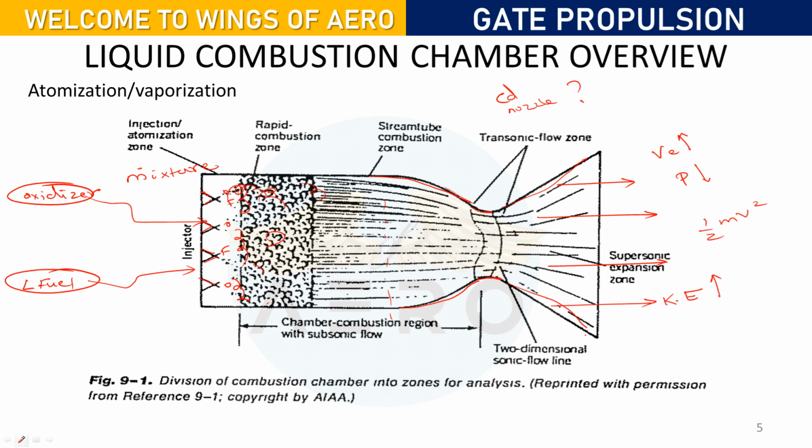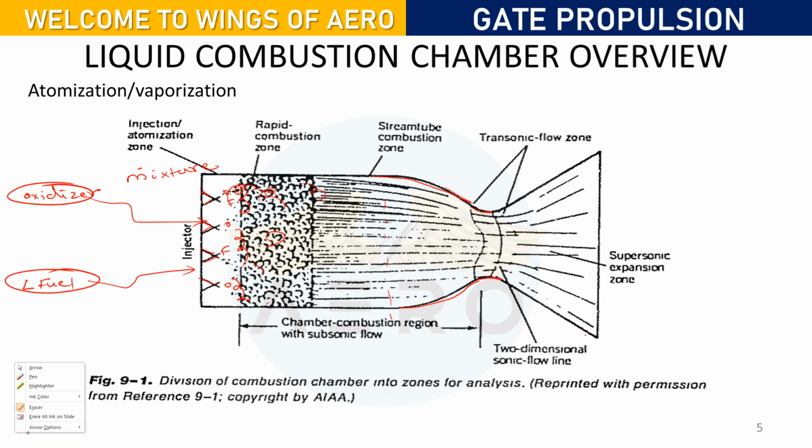Now looking more deeply into it, let's look from the aerodynamics point of view at how it actually helps to increase the kinetic energy. I think we have studied 3 to 4 types of shock waves.